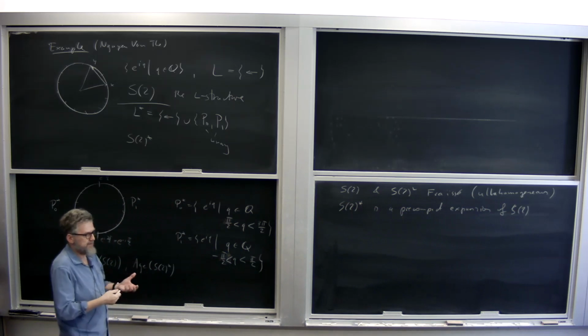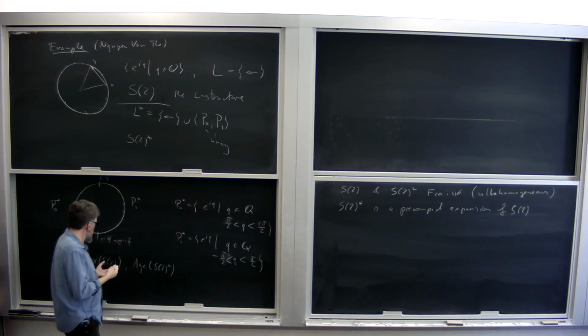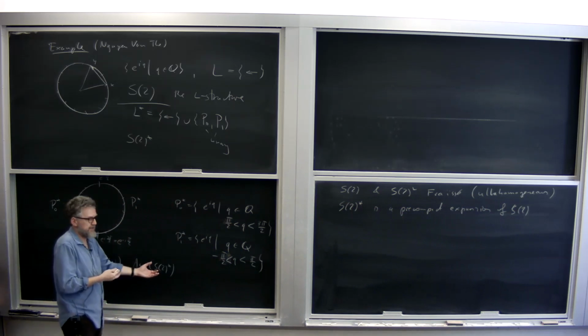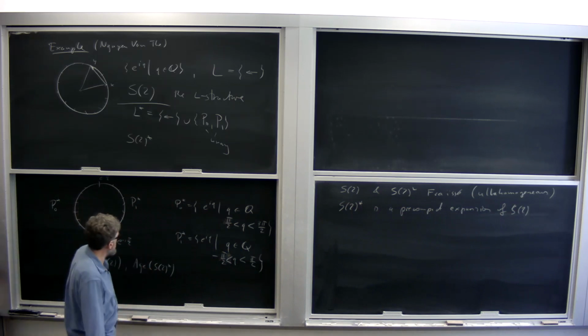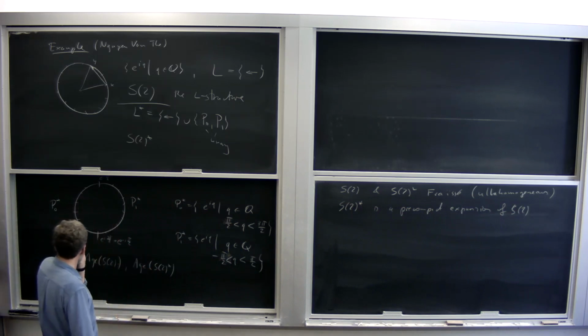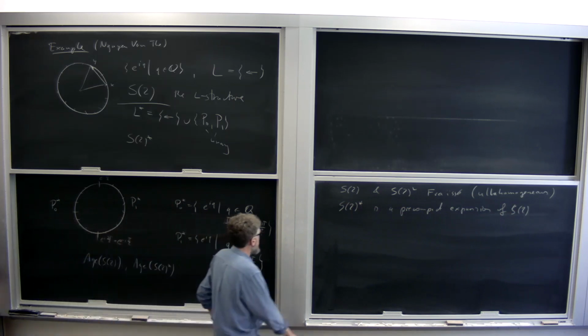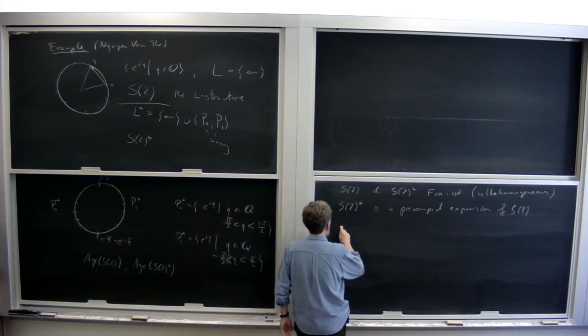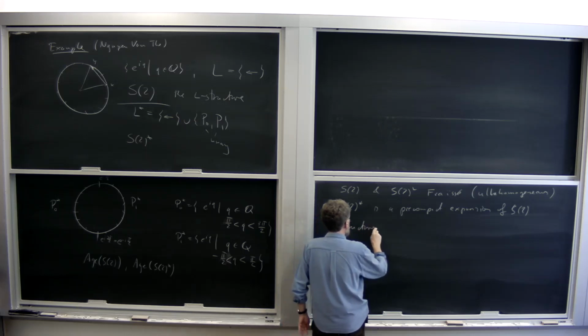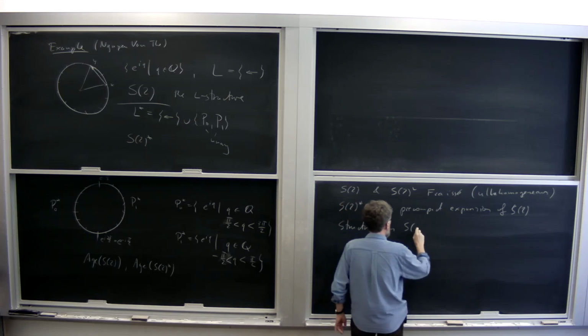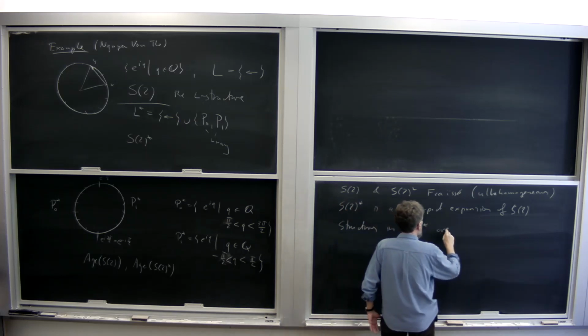So that's pre-compact. Each finite structure here has only finitely many expansions here, just because the choice is finite. So that's obvious. What else is obvious? Structures in S of 2 star are rigid.